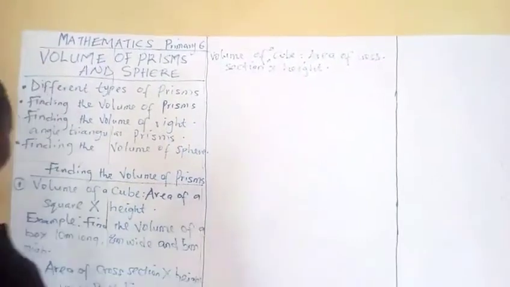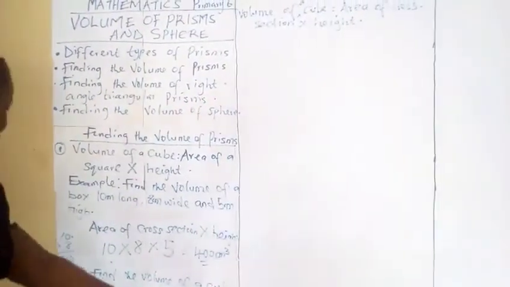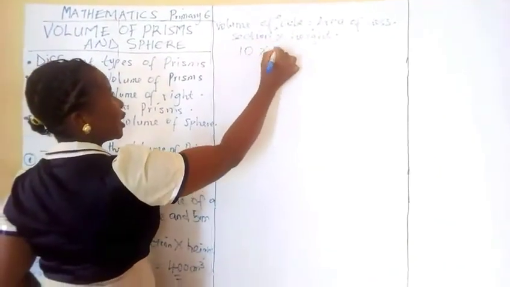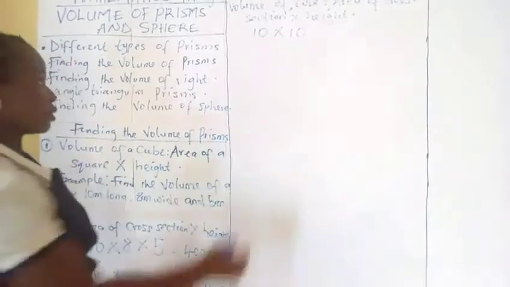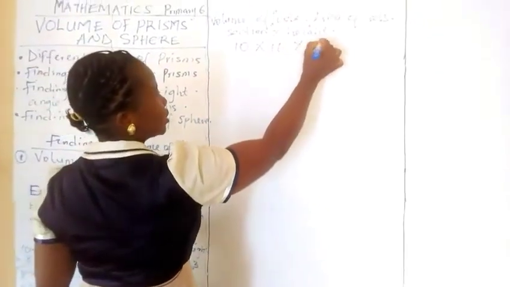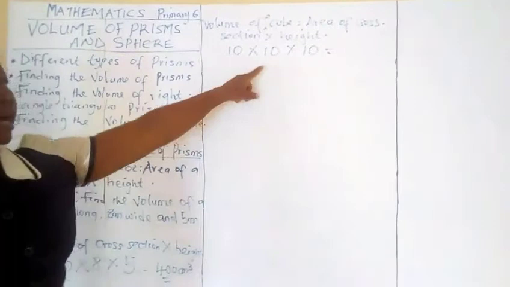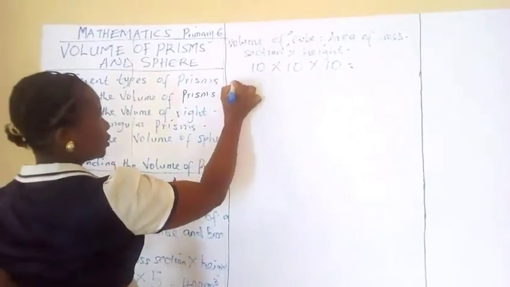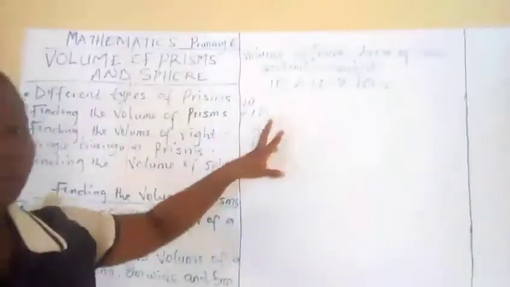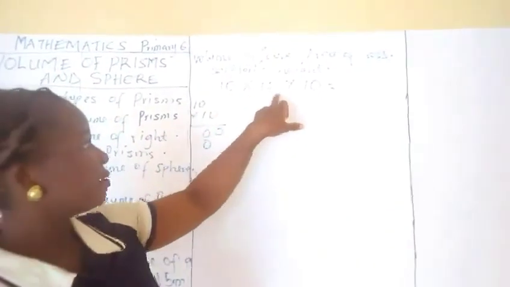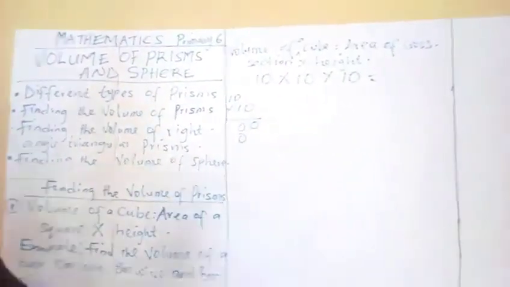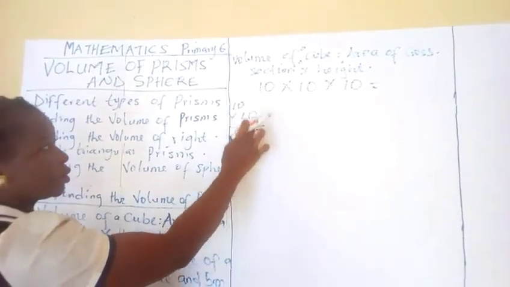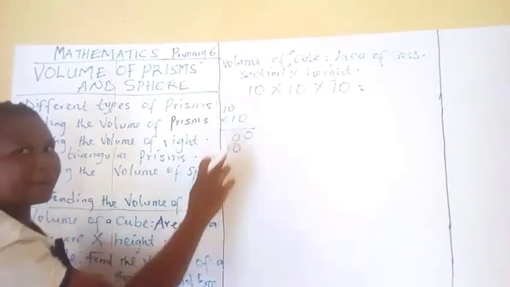So we have the area of cross section, the length times width, which is 10 centimeter by 10 centimeter, which is 10 times 10. Then the height, which is also 10. Let's calculate. 10 times 10 is 100. So 10 times 10 times 10. Let's show our workings. 10 times 10: 0 times 0, you place the 0. 0 times 1, 0. I know you know how to calculate very well.